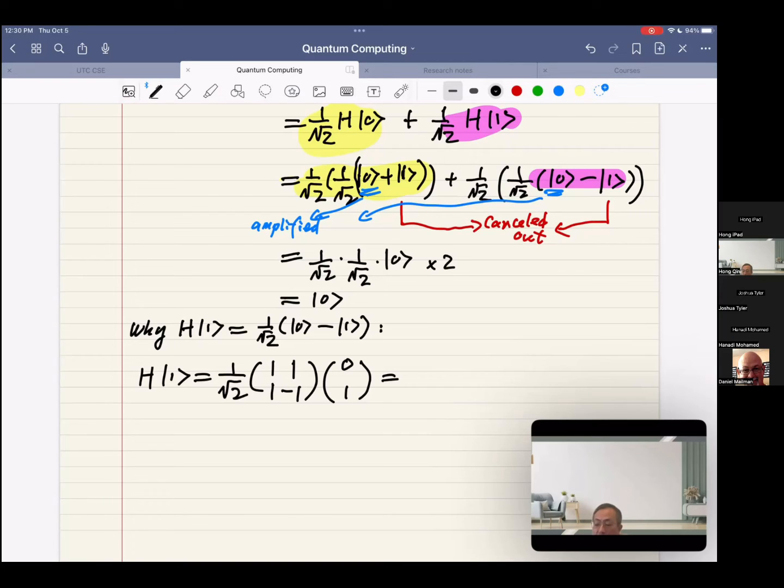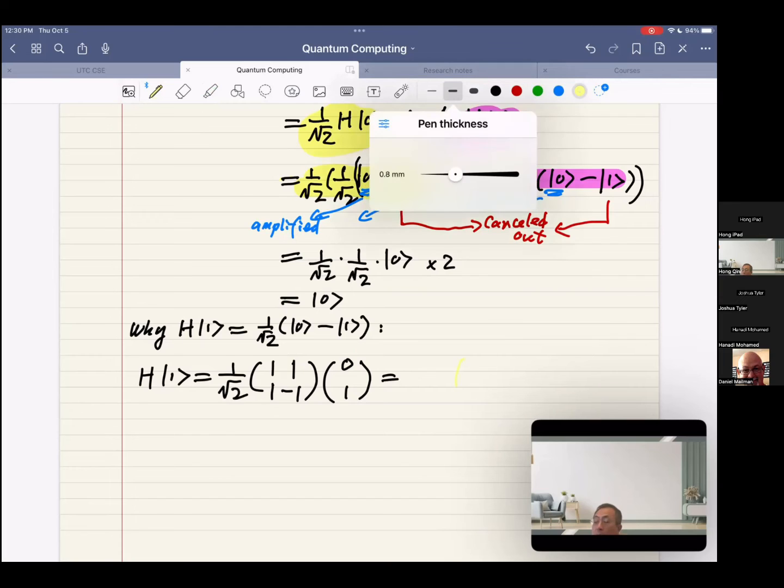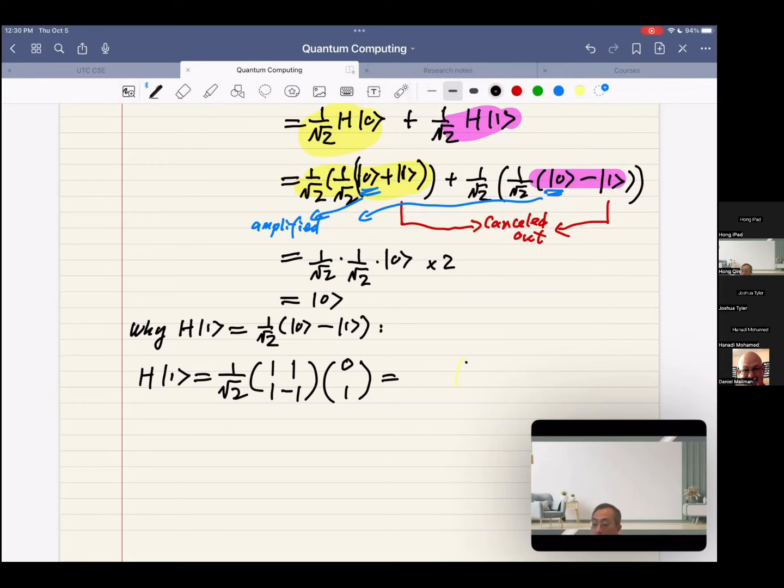The second term is minus 1. So the first term will be 1 times 1 plus 1 times 0 plus 1 plus 1. So that's 1.